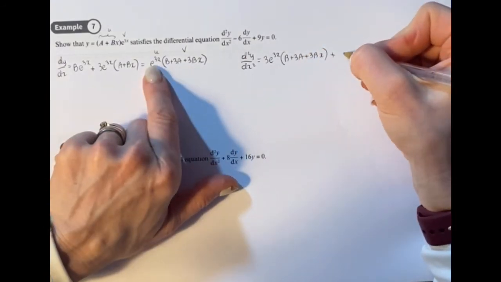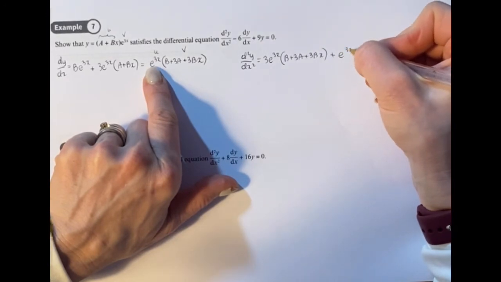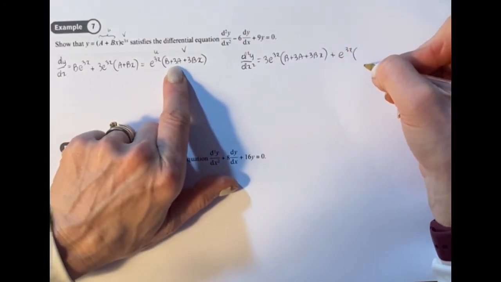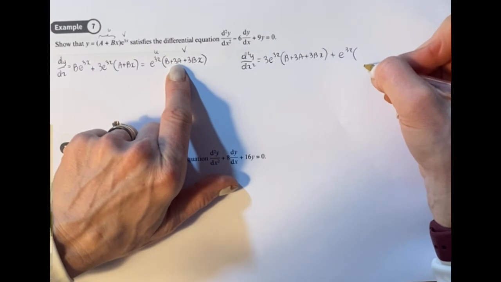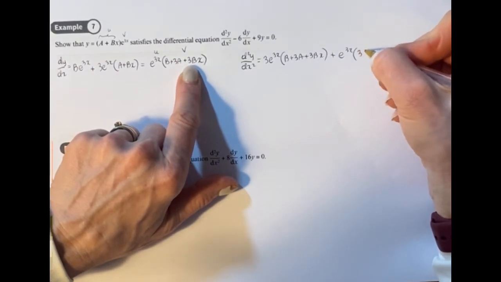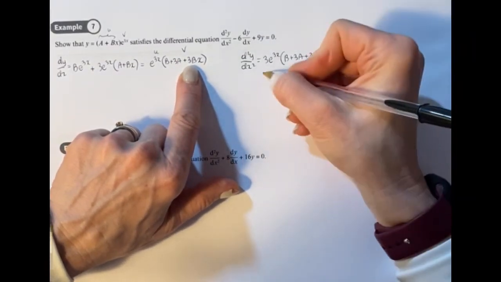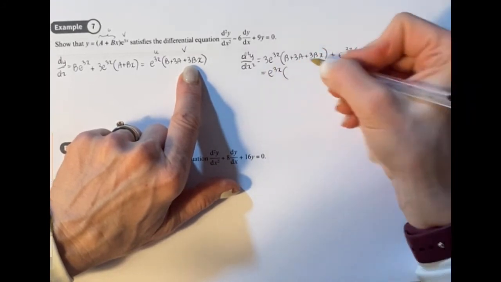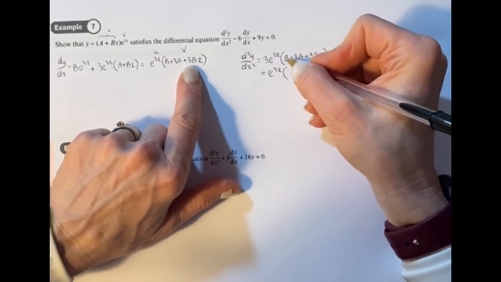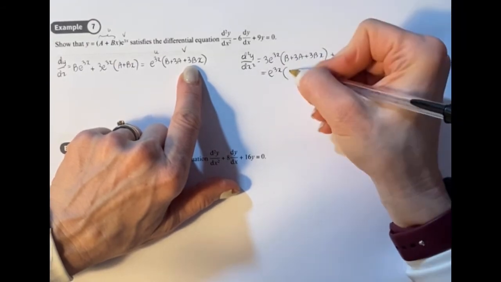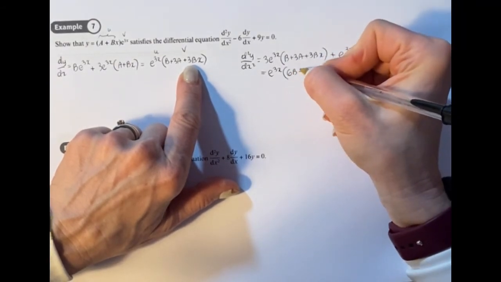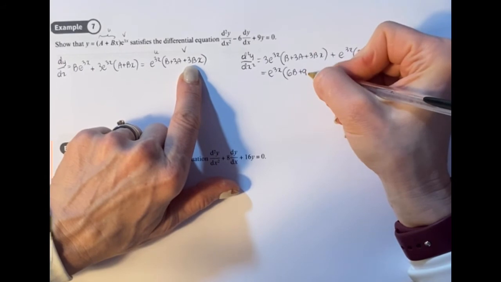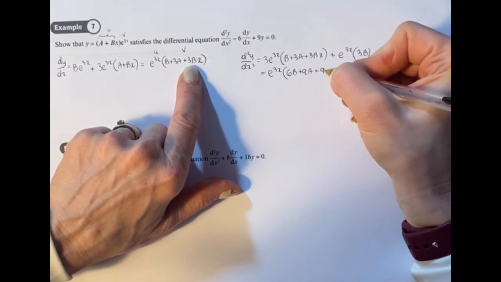Add, leave u as it is and differentiate the bracket. So b and 3a go to 0, so we're left with 3b. I'll maybe factorize e to the power of 3x out, and I'm going to get 3b from this bracket and 3b from that, so 6b plus 9a plus 9bx.